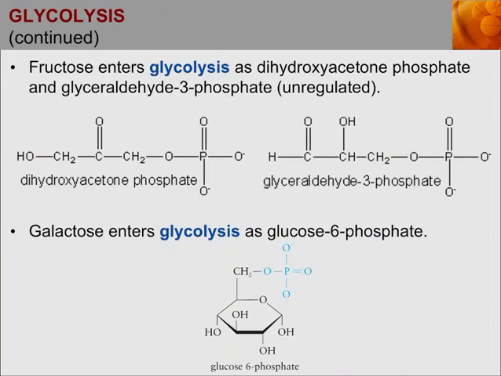Okay, so there are also other monosaccharides that can enter the glycolysis pathway. Fructose, for example, enters glycolysis as dihydroxyacetone phosphate and glyceraldehyde 3-phosphate.